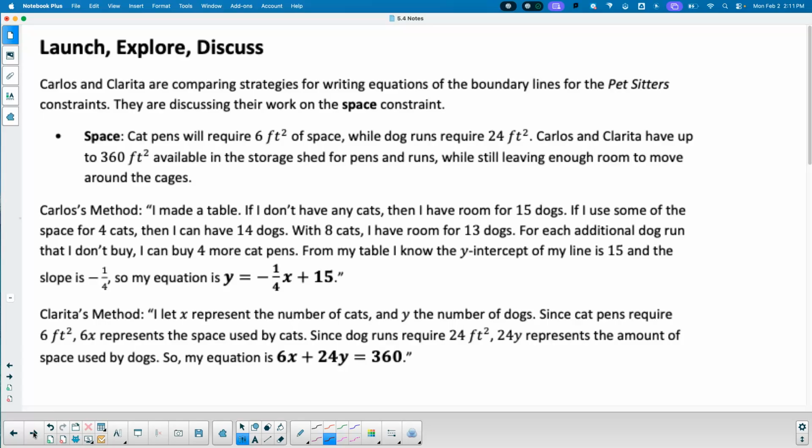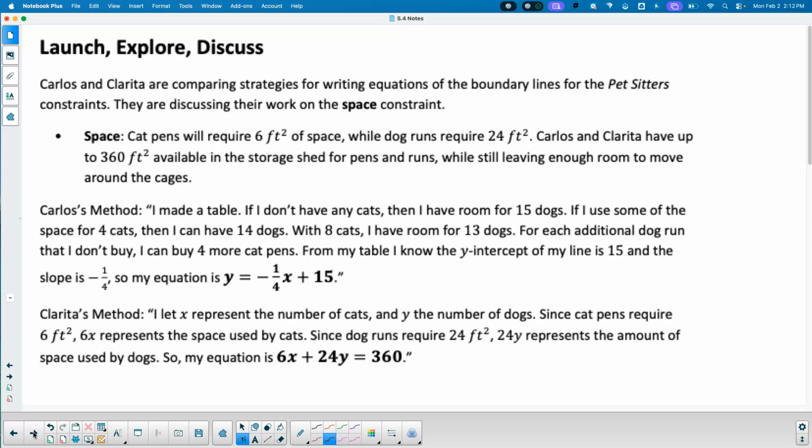In terms of the spatial requirements of cats and dogs, a cat pen will require 6 square feet of space, while a dog run requires 24 square feet of space. Carlos and Clarita have up to 360 square feet available.